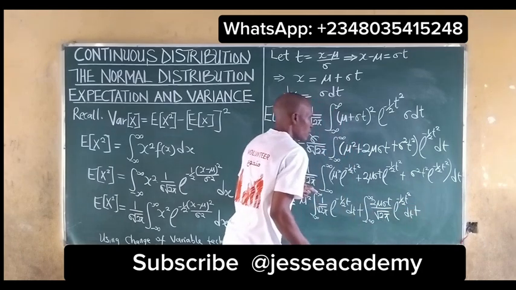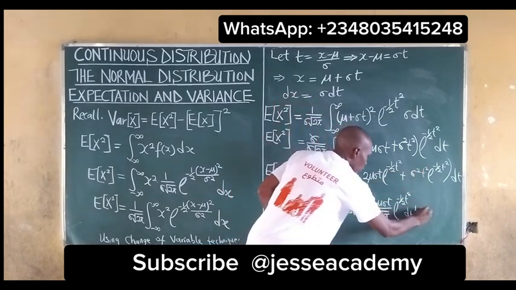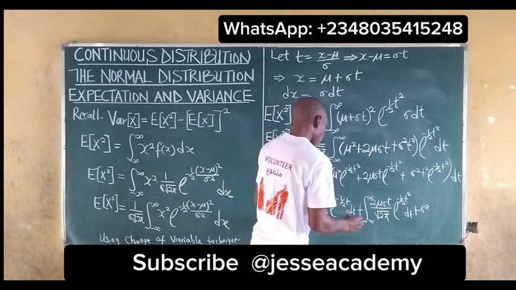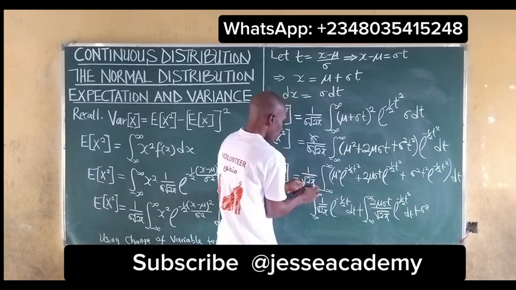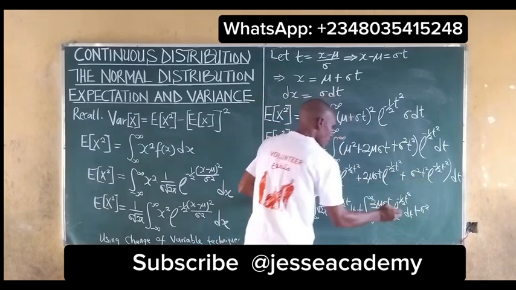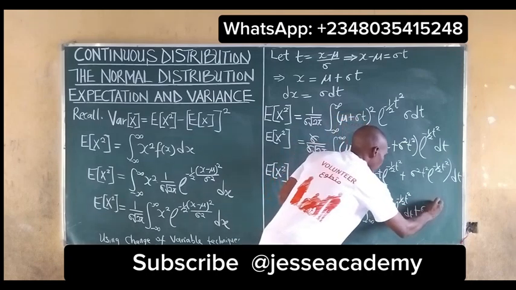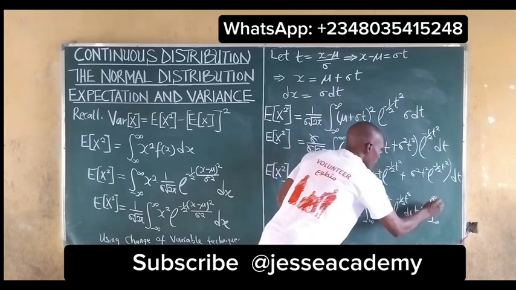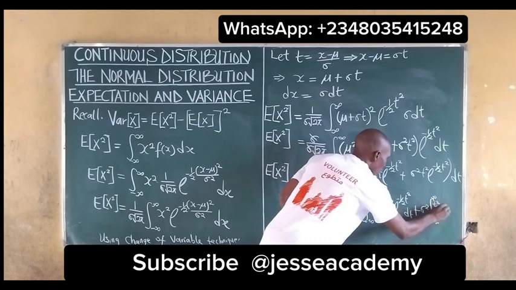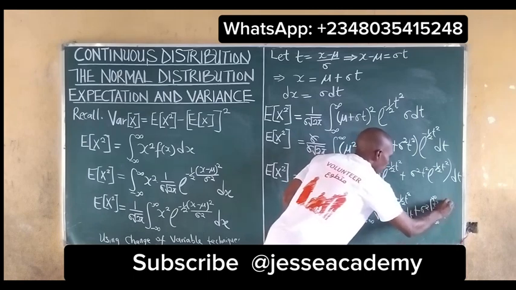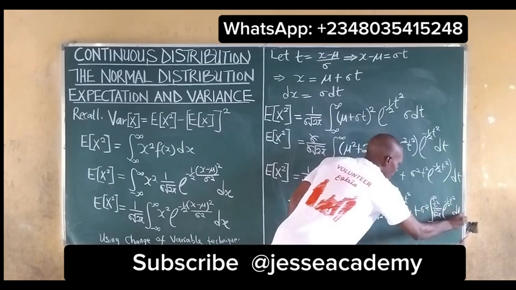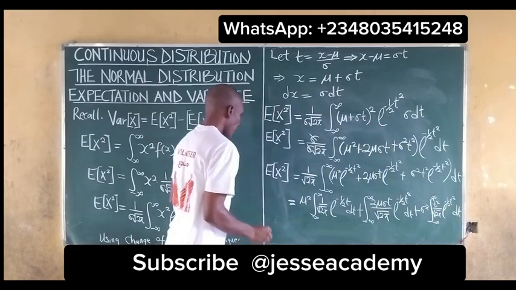Plus, in this case we bring out sigma squared. Now we have this multiplied by this. We have the integral from negative infinity to infinity. We have t squared all over square root of 2 pi exponential negative 1 all over 2 t squared, then dt. That is it.